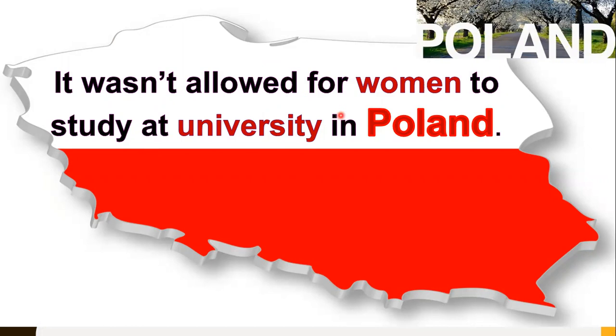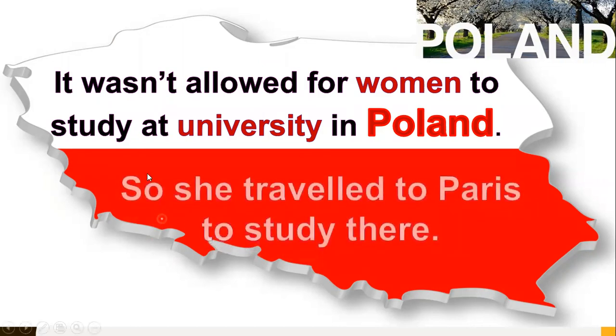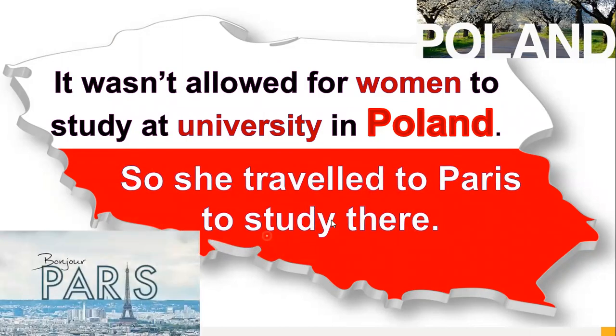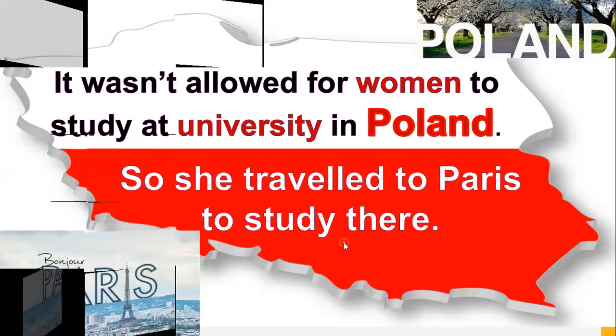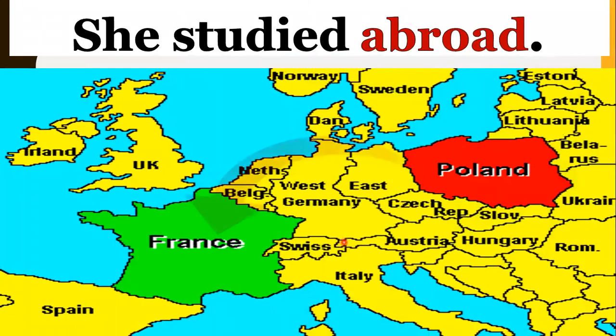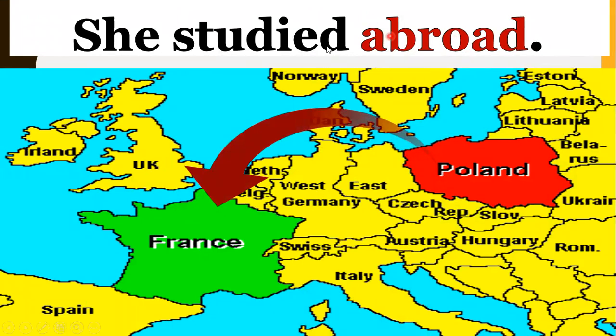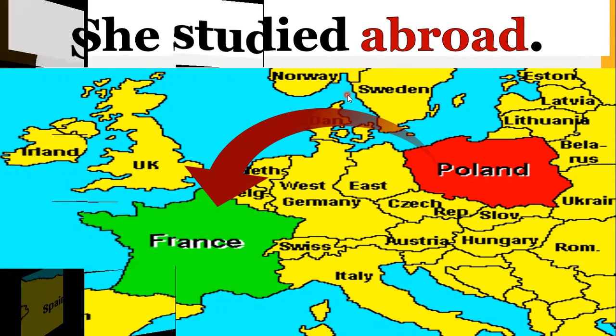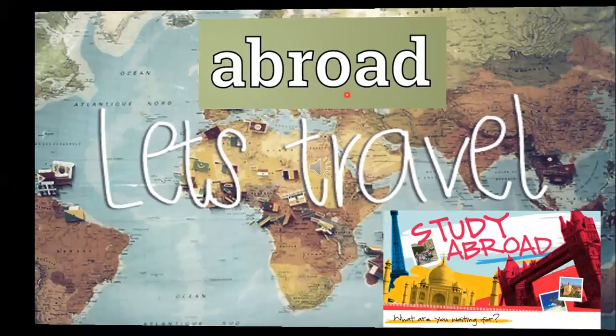So what did she do? Simple answer: she traveled to Paris to study there. Traveling from one country to another means abroad. So she studied abroad. What do you mean by abroad? Outside of her country.